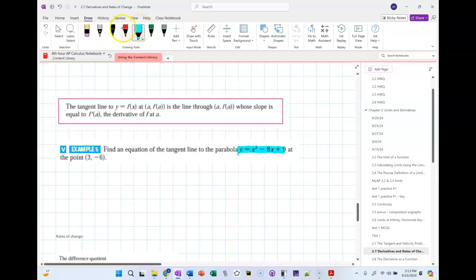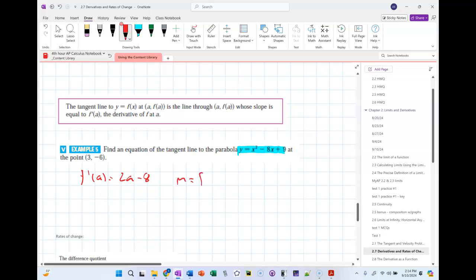Do you recognize this? That was the function from the last one, right? Guess what we can say? f prime of a was just 2a minus 8, right?